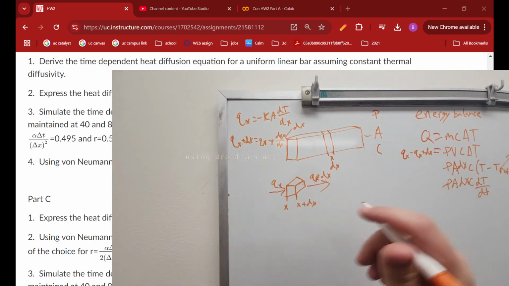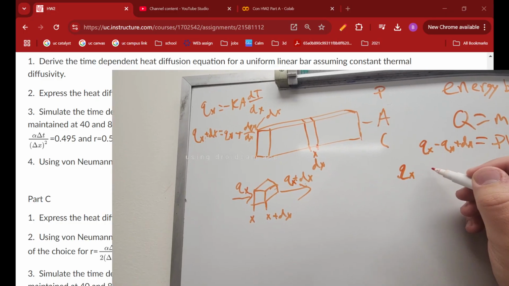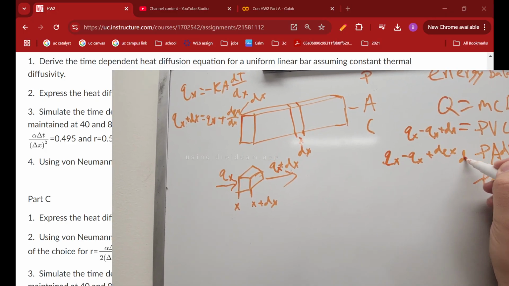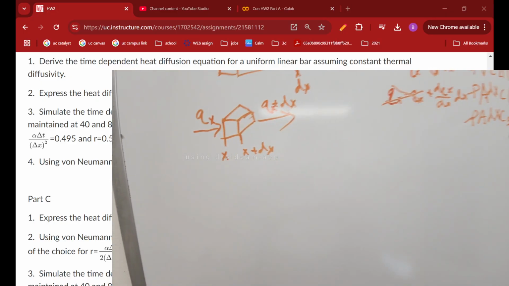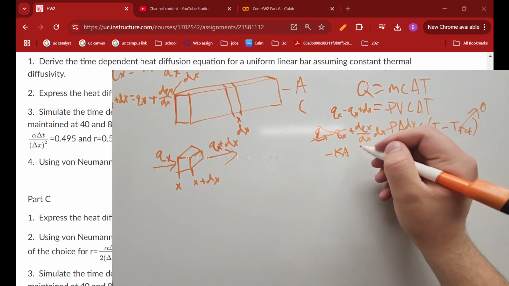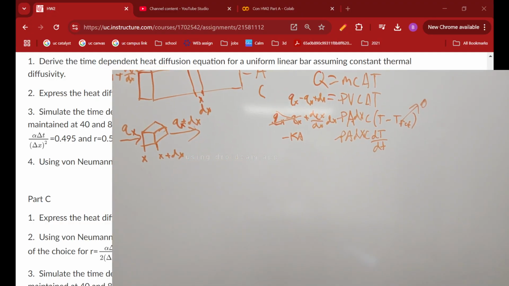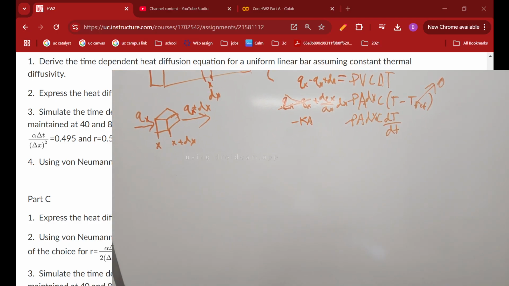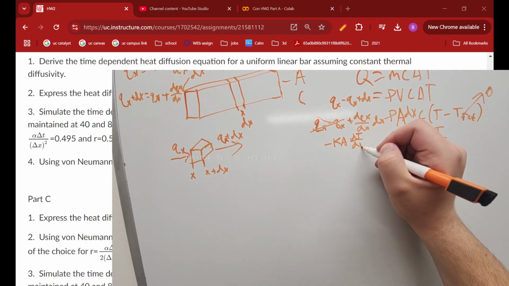But we can substitute this first one in here, which would make this flow plus dx, which then we can take these, they'll cancel, and then we can substitute in the thermal conductivity, dT over dx.